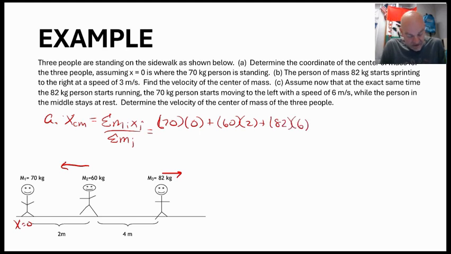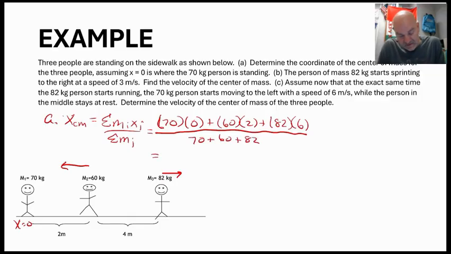And you have to be careful. Yes, the 82 kilogram person is 6 meters away from the 0 point, because they're 4 meters away from the 60 kilogram person, but the 60 kilogram person is 2 meters away from X equals 0. And now you add up the masses.